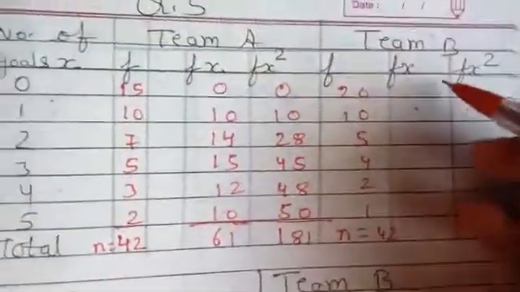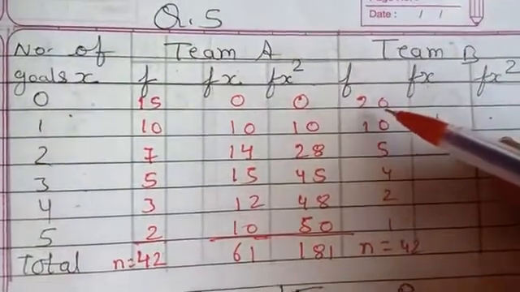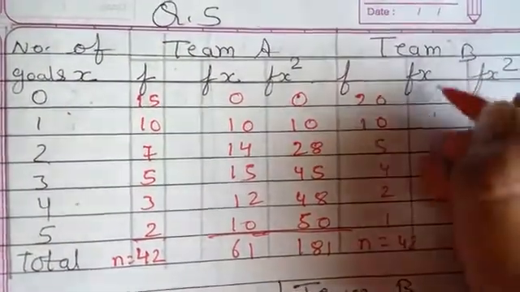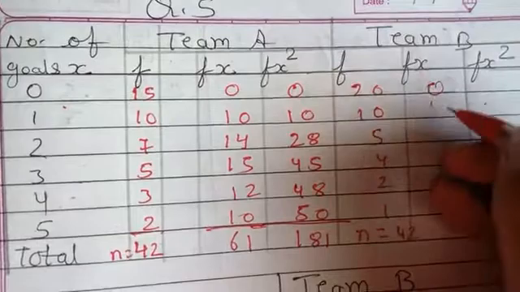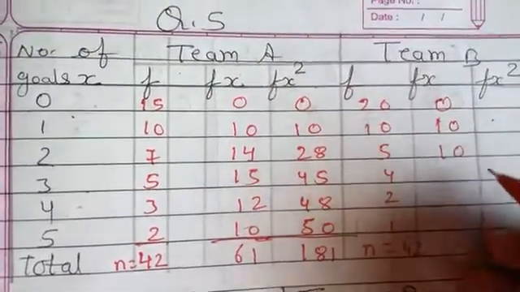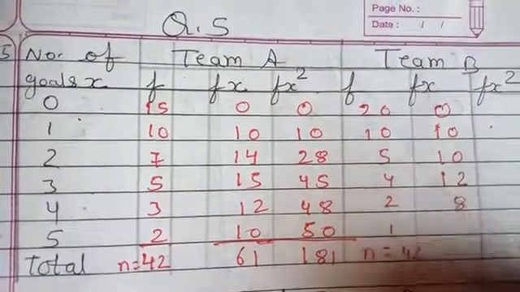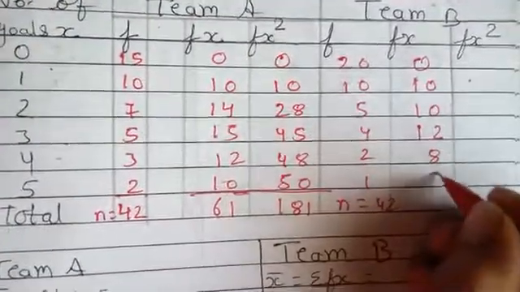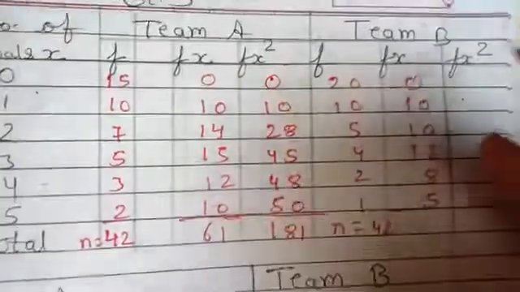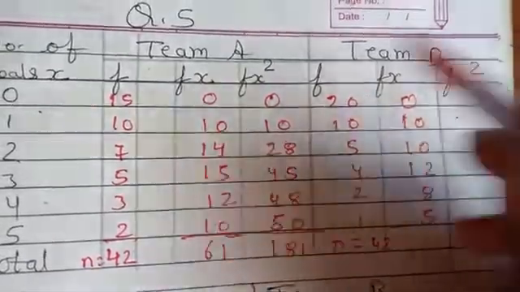Now same way for team B we have to find fx, that is x and the frequency of team B. So we will calculate 0 multiplied by 20 is equal to 0, 1 multiplied by 10 is equal to 10, 2 multiplied by 5 is equal to 10, 3 multiplied by 4 is equal to 12, 4 multiplied by 2 is 8, and 5 multiplied by 1 is equal to 5. Fx square is equal to fx multiplied by x.